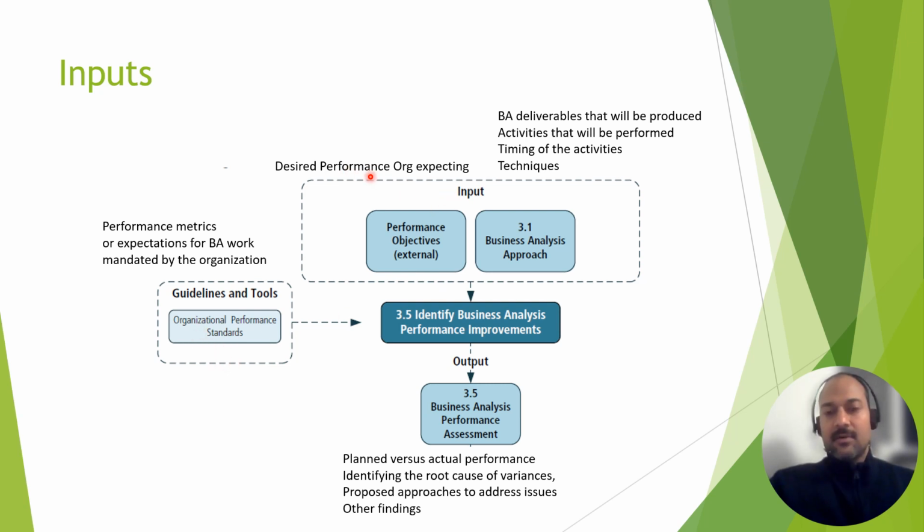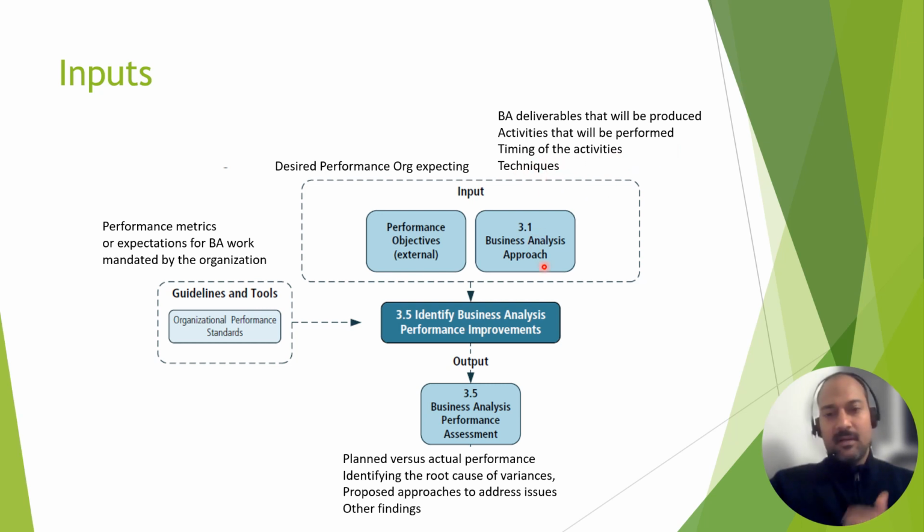So let's talk about what is performance objective external. This is the desired performance or the organization's expectation which has been set for you. Business analysis approach: this input covers the BA deliverables that will be produced, the activities that will be performed, the timing of the activities and the techniques.